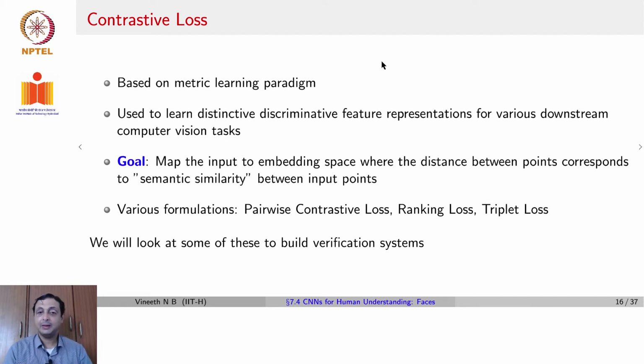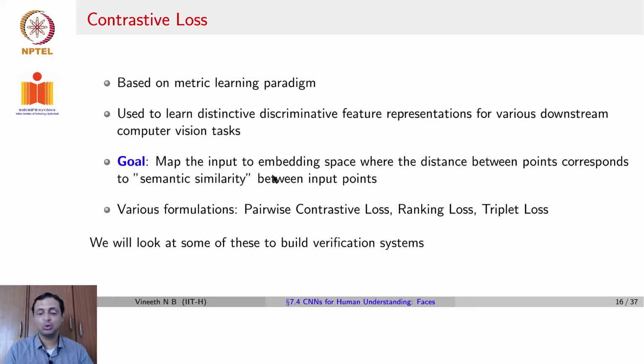So the same idea is now used to learn distinctive discriminative feature representations for the task that you want to use these representations for. So in the face verification scenario, our objective is to map the input into an embedding space where the distance between points correspond to semantic similarity.